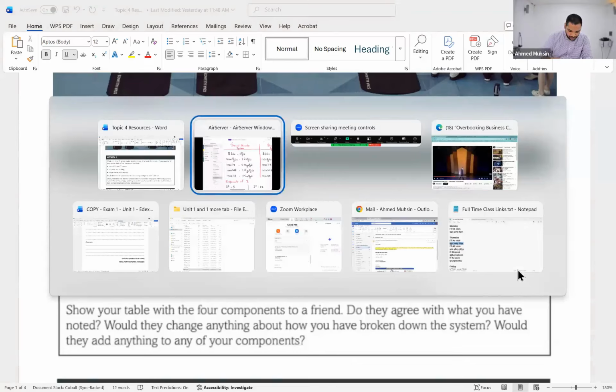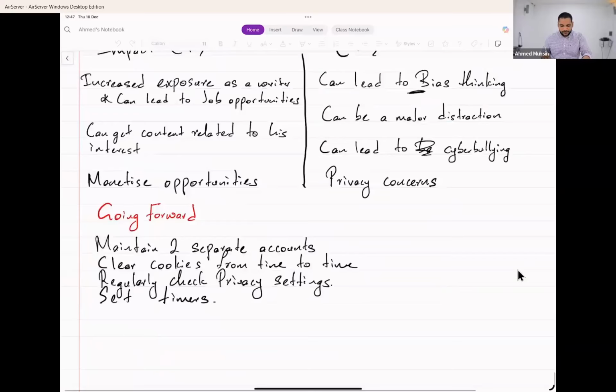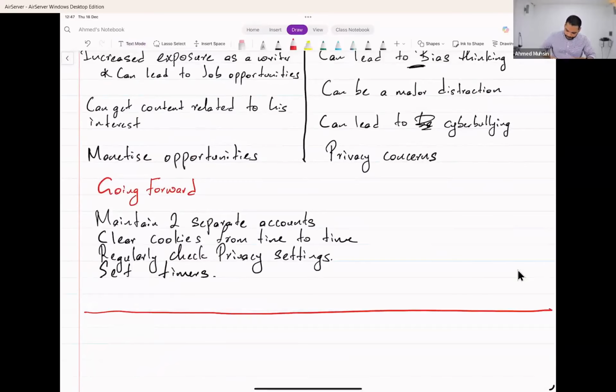Anybody else want to try any other systems? So I'll put the heading over here: decomposing an IT system. Okay, all right. So we said what?